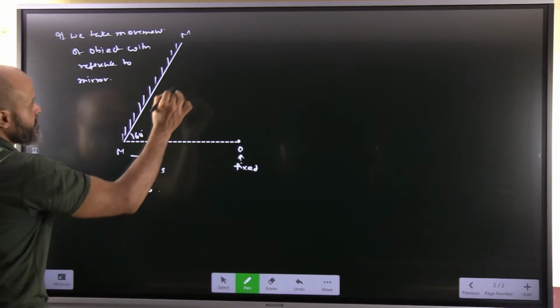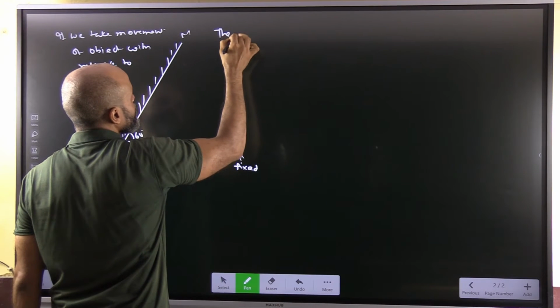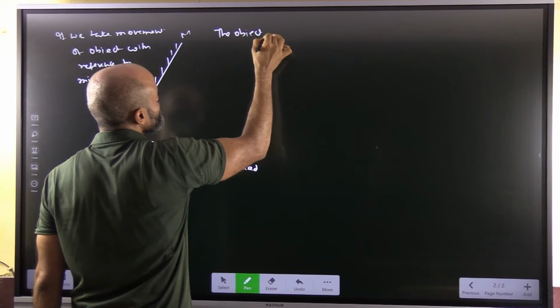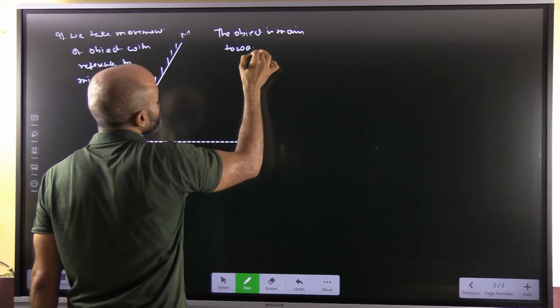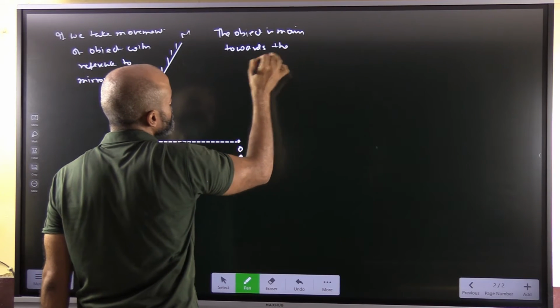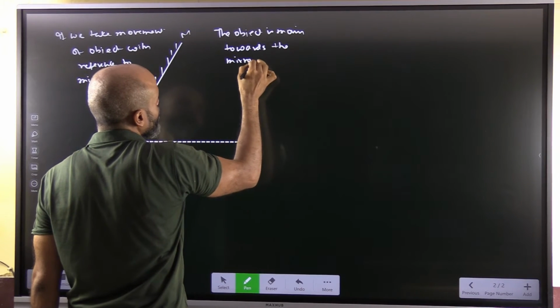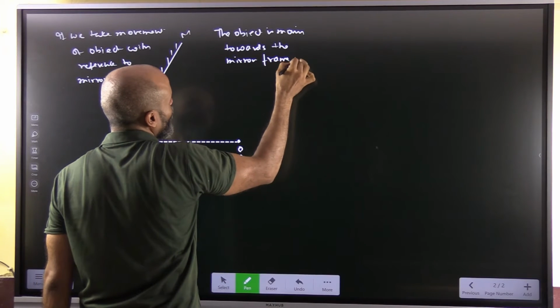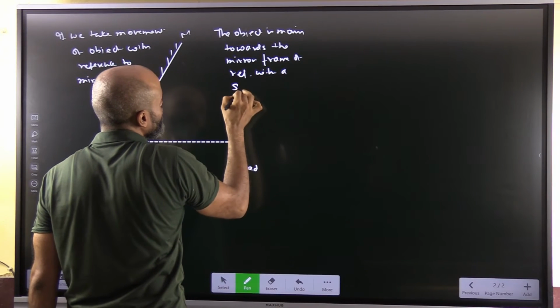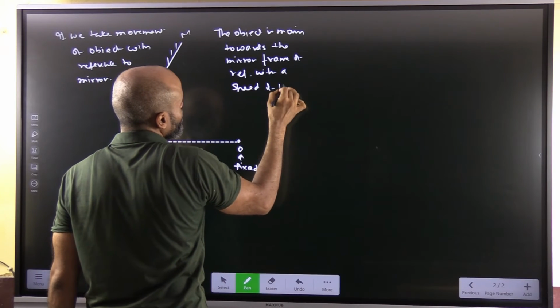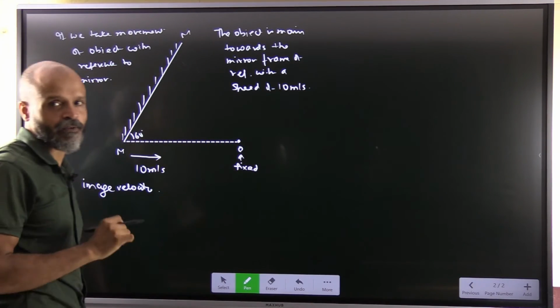So what I can say here is that the object is moving towards the mirror, in the mirror frame of reference, with a speed of 10 meter per second. This is what we can assume.